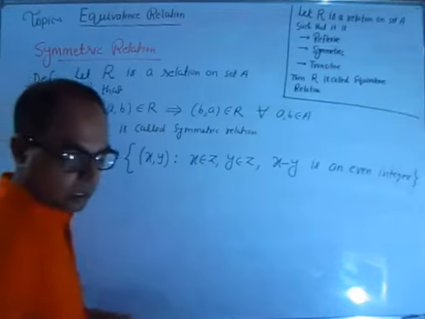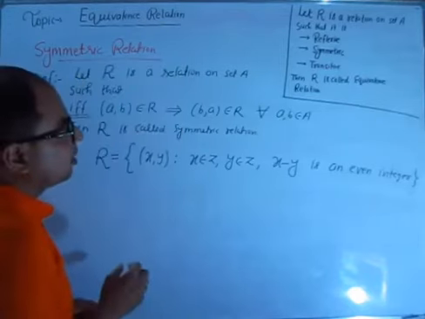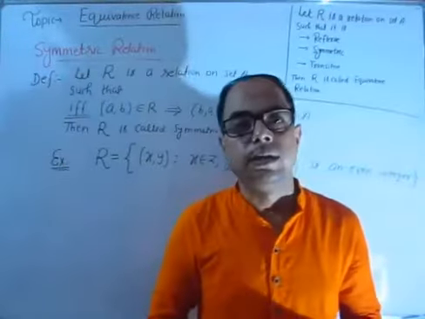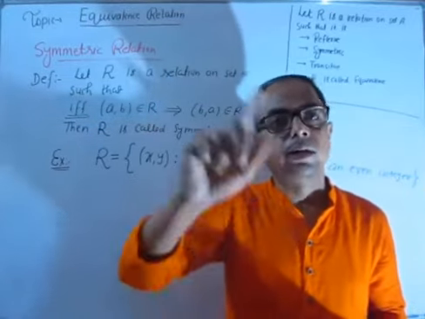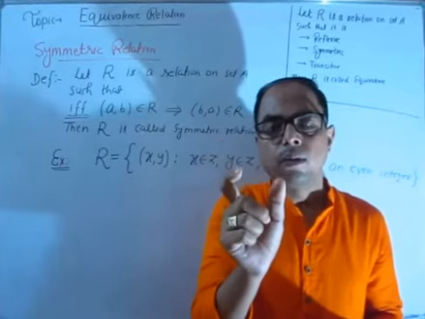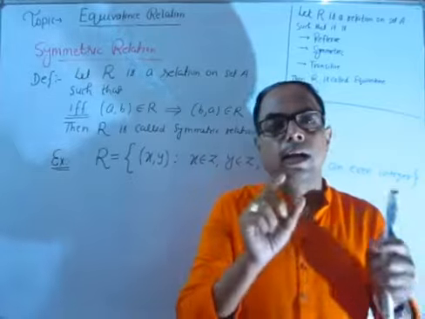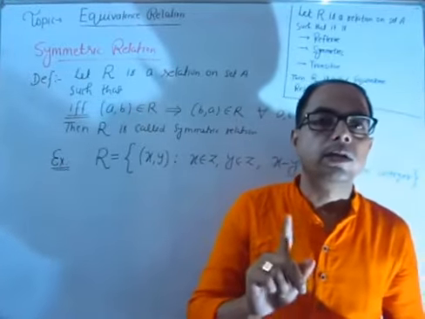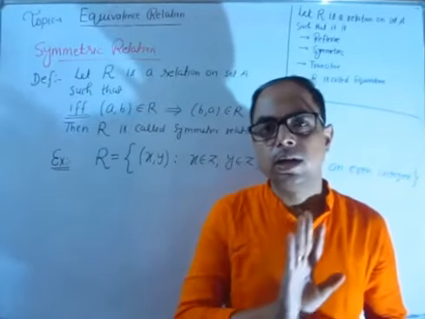So how can we prove it is a symmetric relation? With the help of an example we cannot claim that it is a symmetric relation. If you have to prove that this is not a symmetric relation, then by giving one example only you can claim that it is not symmetric. Clear? If any one example does not satisfy the condition of symmetricity, then immediately you can claim that the given relation is not symmetric.